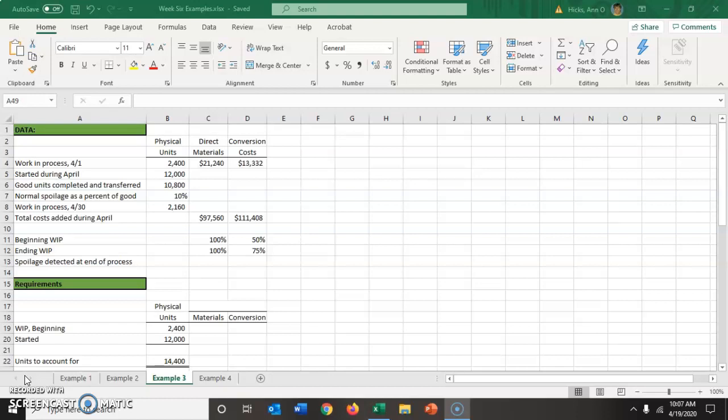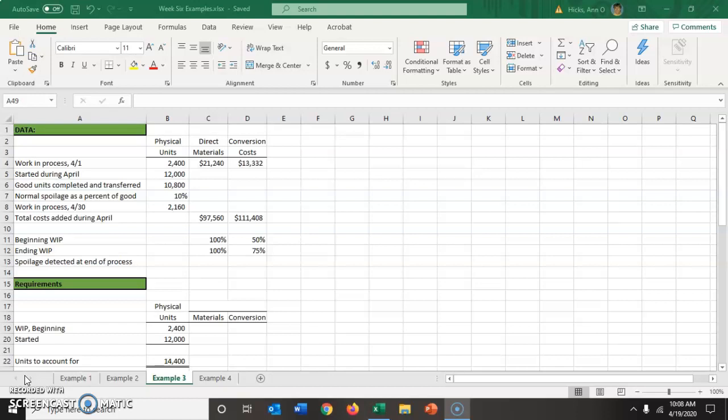Now, spoilage is deemed typically to be either normal or abnormal. And the assumption here is everybody expects that there will be some spoilage, there will be some defect. The idea is, how much do we anticipate, how much do we accept from a management perspective?